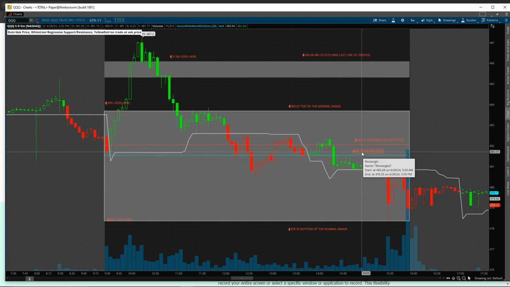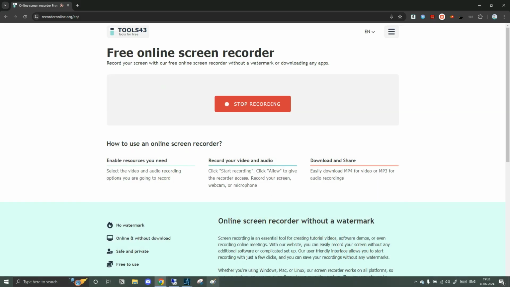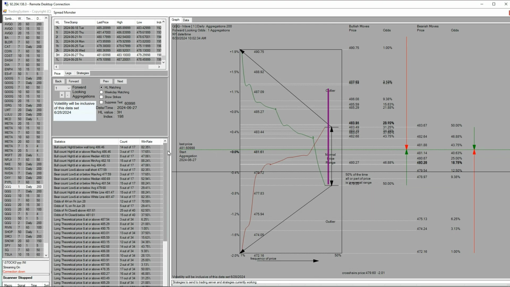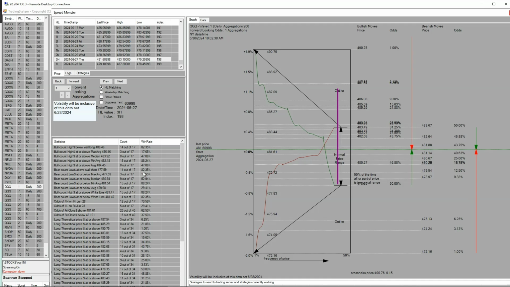Now you must be wondering where we got this 88.24% odds for 481.54. We have the odds section right here, and this is one of the most useful things I have ever seen in my life. For our day, we had 88.24% odds that we form the low of the day below the 481.54 mark.